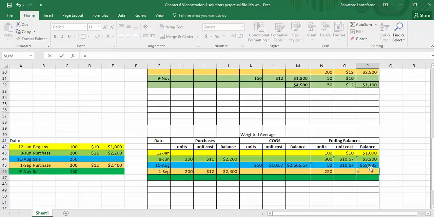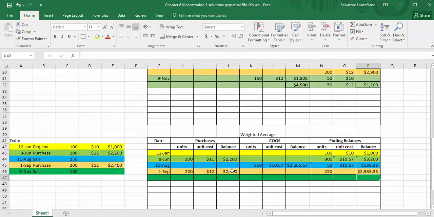Take our old dollars and add our new dollars, and we're up to 2,933.33. Now let's do the division: 2,933.33 divided by 250 units, and our average inventory unit cost is approximately $11.73.